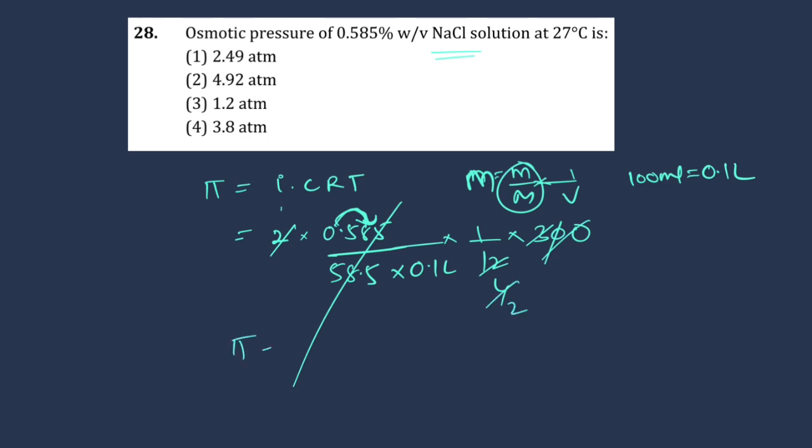Therefore pi is equal to, numerator nothing is there, therefore we can say 1, and this is 0.1, and here 2, therefore it is 0.2. Then when it is shifted, it is 10 by 2 we can write, therefore 5. The nearest answer is 4.92 atmosphere, second option is correct.